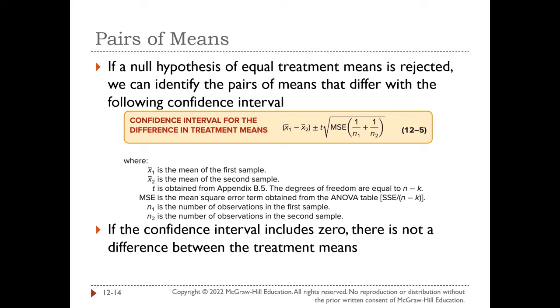Then we'll multiply it by the square root of MSE, the mean square error that we find in ANOVA, times 1 divided by the number of observations in the first sample, plus 1 divided by the number of observations in the second sample. Again, yay, formulas! If the confidence interval includes 0, there is not a difference between the treatment means.